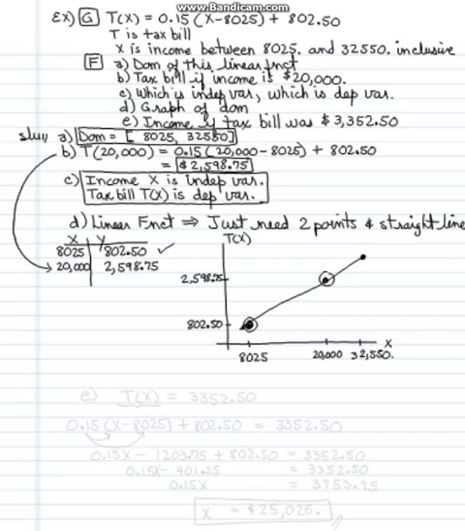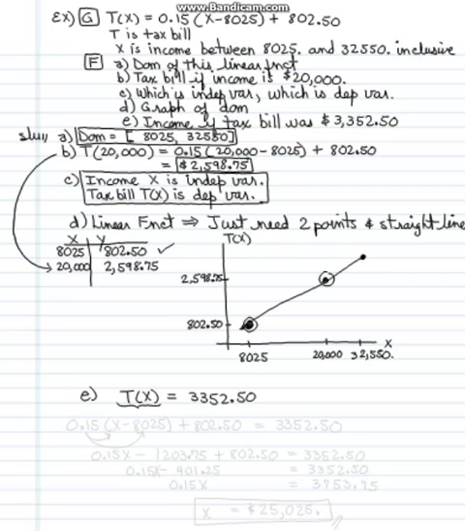Okay, that's our picture. And then part E, this is a tough one. Part E, the income if the tax bill was $3,352.50. So we are given that T of X is equal to 3352.50. We'll want to find X when this is true.